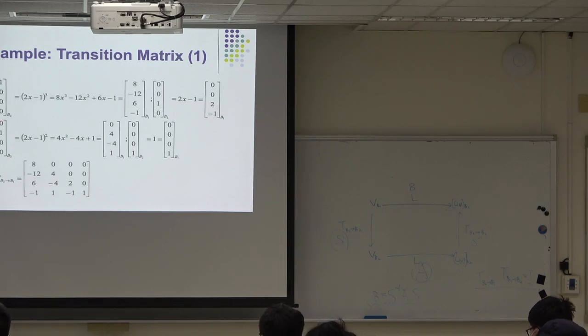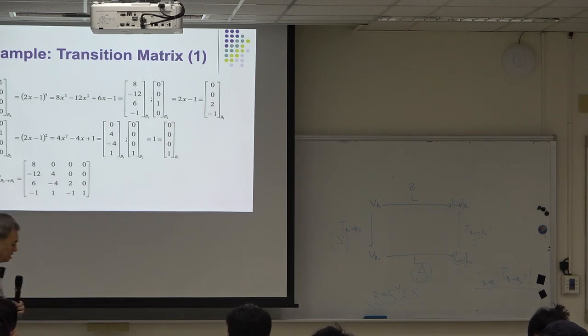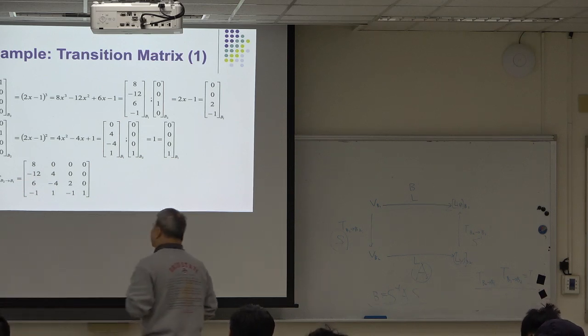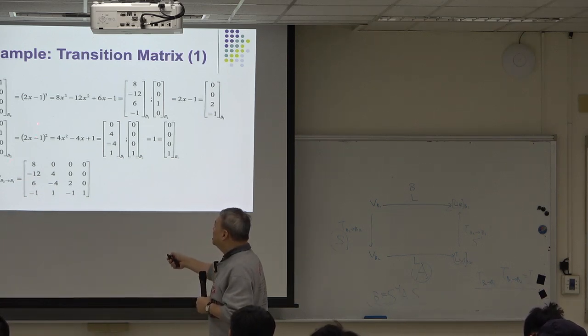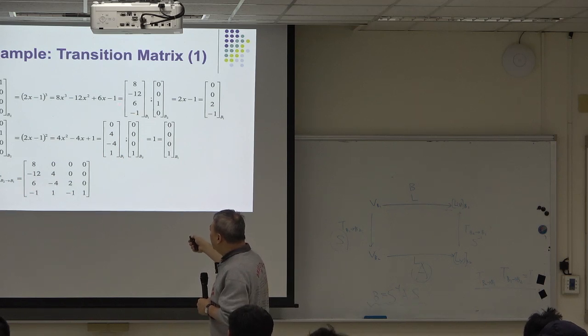The first one is 1000. It's going to be 2x minus 1 cubed. If you expand it, it's going to be like that. And if you want to use the first basis, because that's easy, right, it's x cubed, x squared, x and 1, so it's going to be like that.